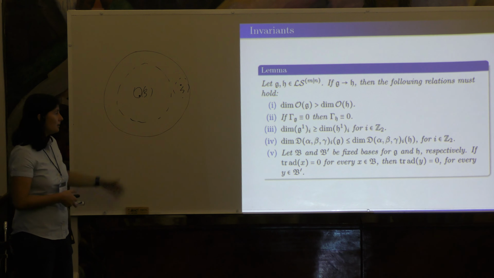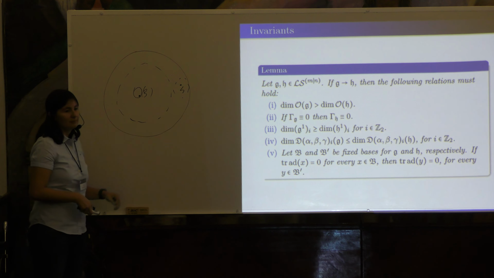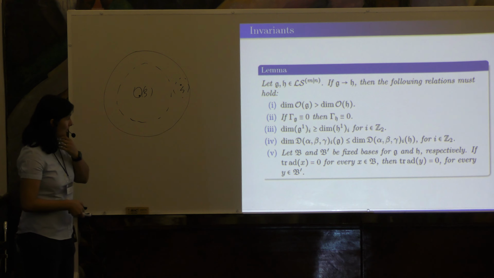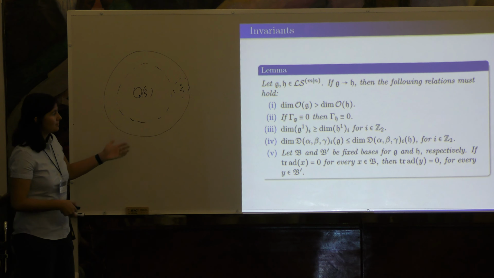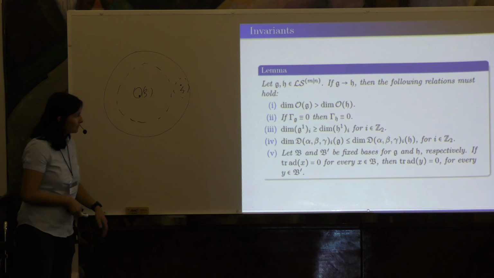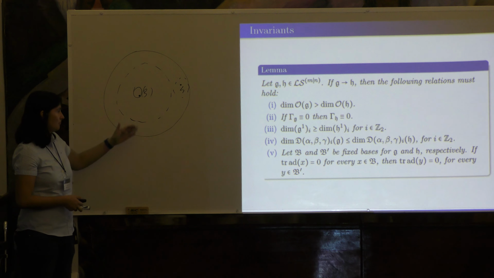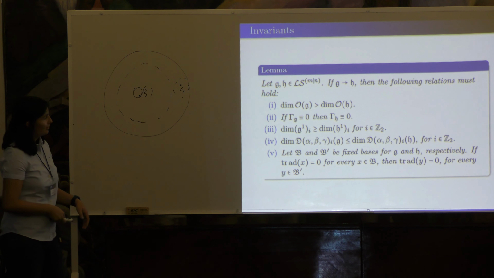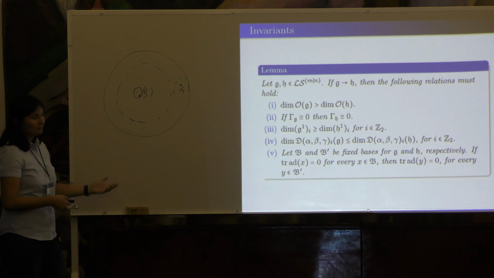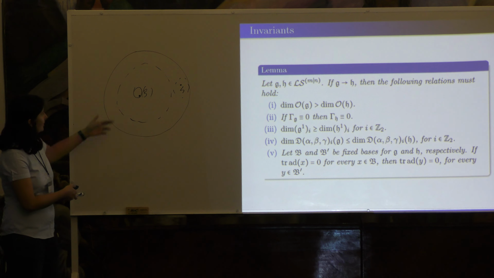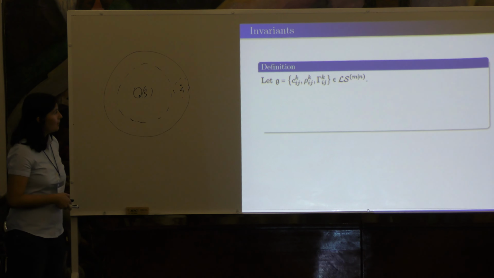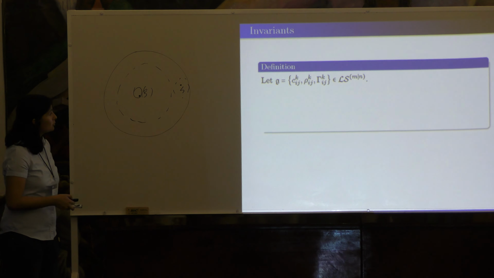In general, these are invariants that can be used for many other structures, for Lie algebras, pre-Lie algebras, etc. These are known, but for us there wasn't enough, so we couldn't discard the degenerations just using these, so we needed more invariants, and we defined these two.